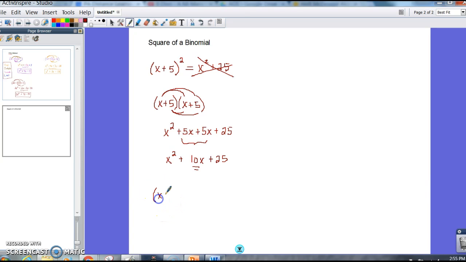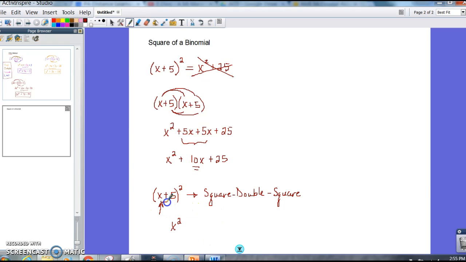I'll do the same problem. I call it square, double, square. That's my little name for it, square double square. And all I mean by that is this. You're going to square the first term, so x squared.